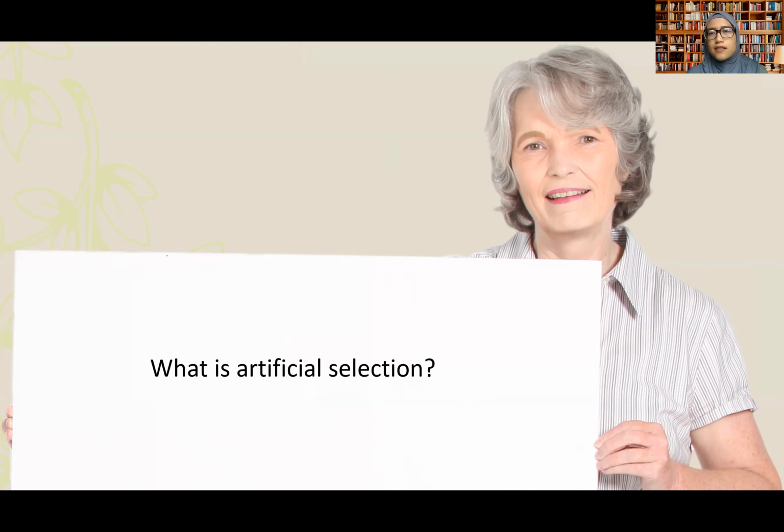Okay, so it is a selection. It's still a selection, but it happens artificially, in the sense that there's an outside factor coming in, like us selecting for the traits instead of nature selecting for the trait.